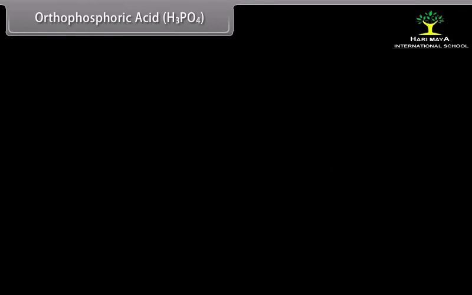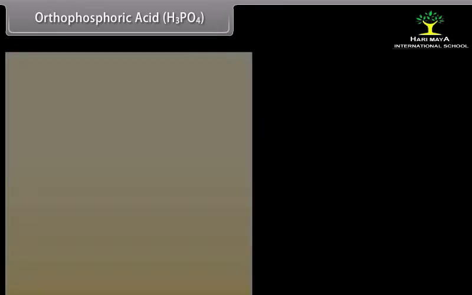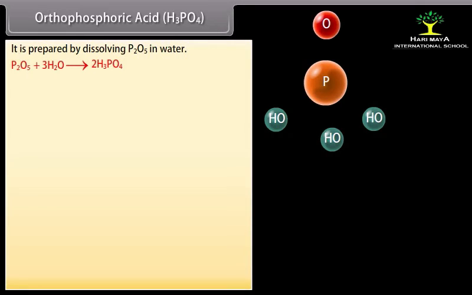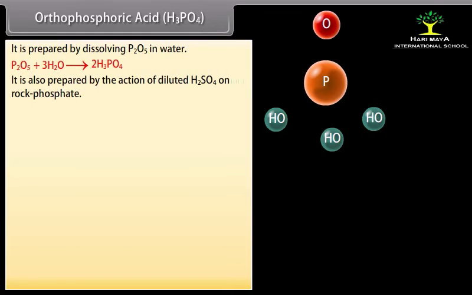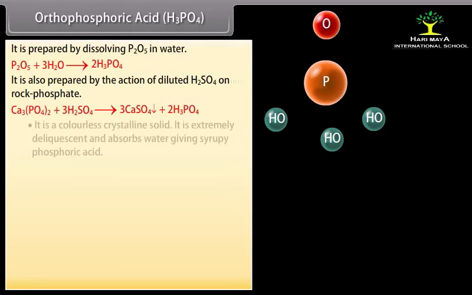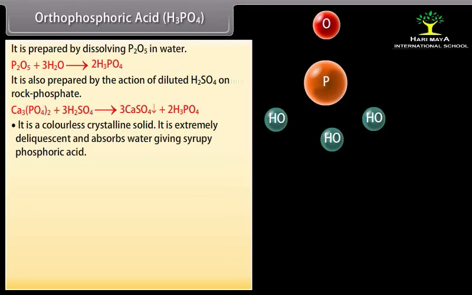Orthophosphoric acid, H3PO4. It is prepared by dissolving P2O5 in water. It is also prepared by the action of diluted H2SO4 on rock phosphate. It is a colorless crystalline solid. It is extremely deliquescent and absorbs water, giving syrupy phosphoric acid.